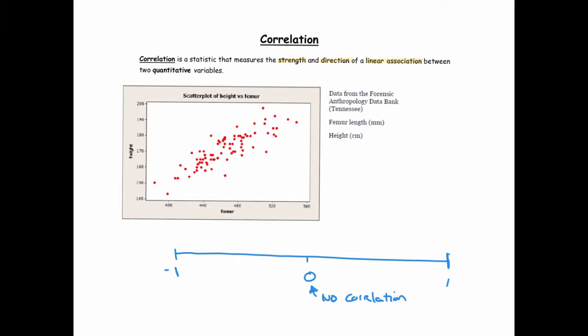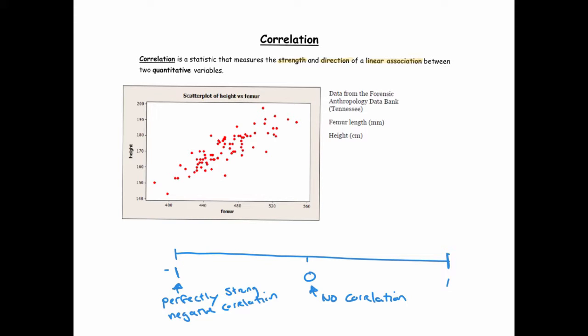If you get -1, which, I mean, you'll never get -1, but if you get something close to -1, that is a very strong negative correlation. -1 is perfectly strong, meaning as strong as it can be, negative correlation.